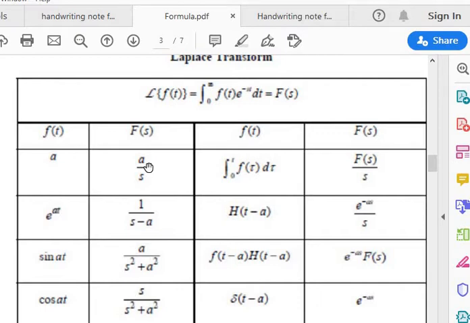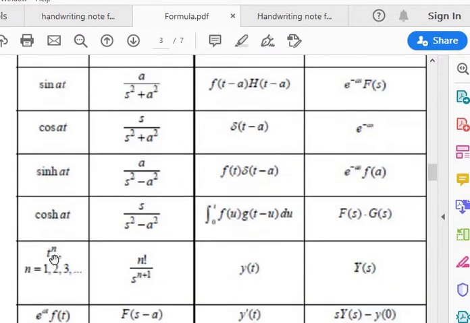Plus 4 times the Laplace transform of t squared. So you look for t squared, so t power of n: n factorial over s power of n plus 1. So t squared, n is 2, so it's 2 factorial over s power of 3.